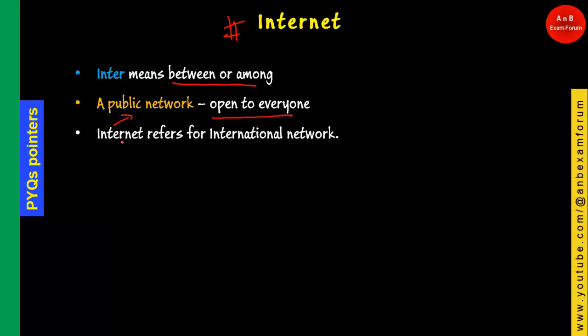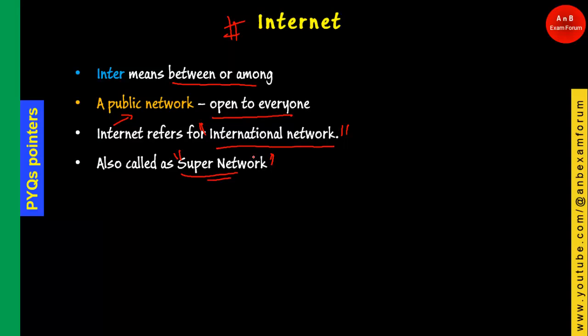And internet is sometimes referred to as an international network. International means across the nation. It is open, it is a public network. Sometimes it is also known as a super network because it is called a network of networks. It is a big network.